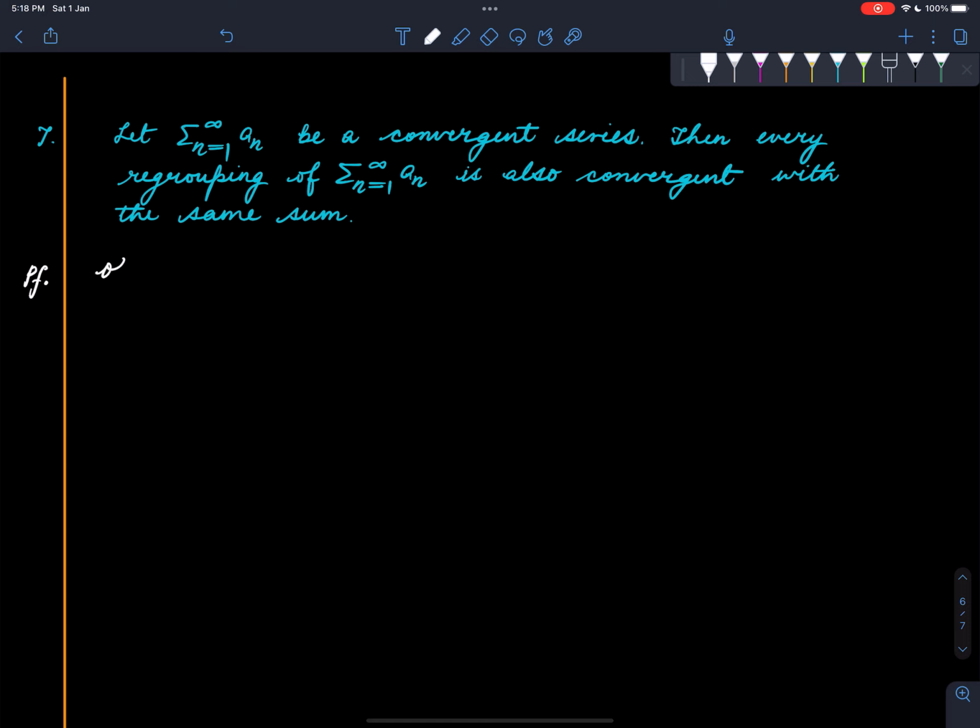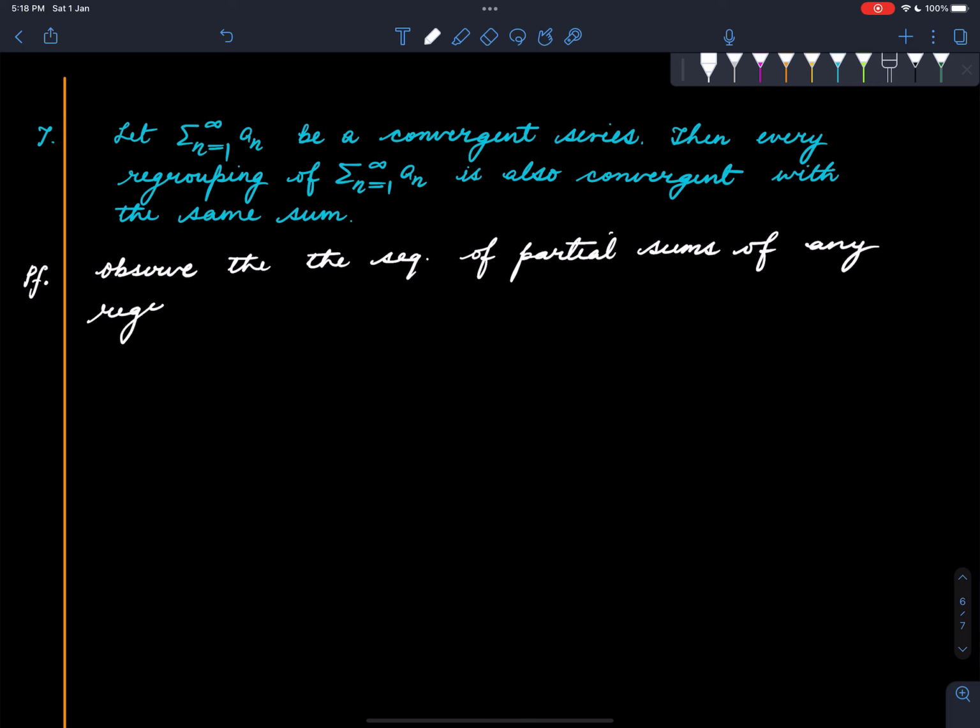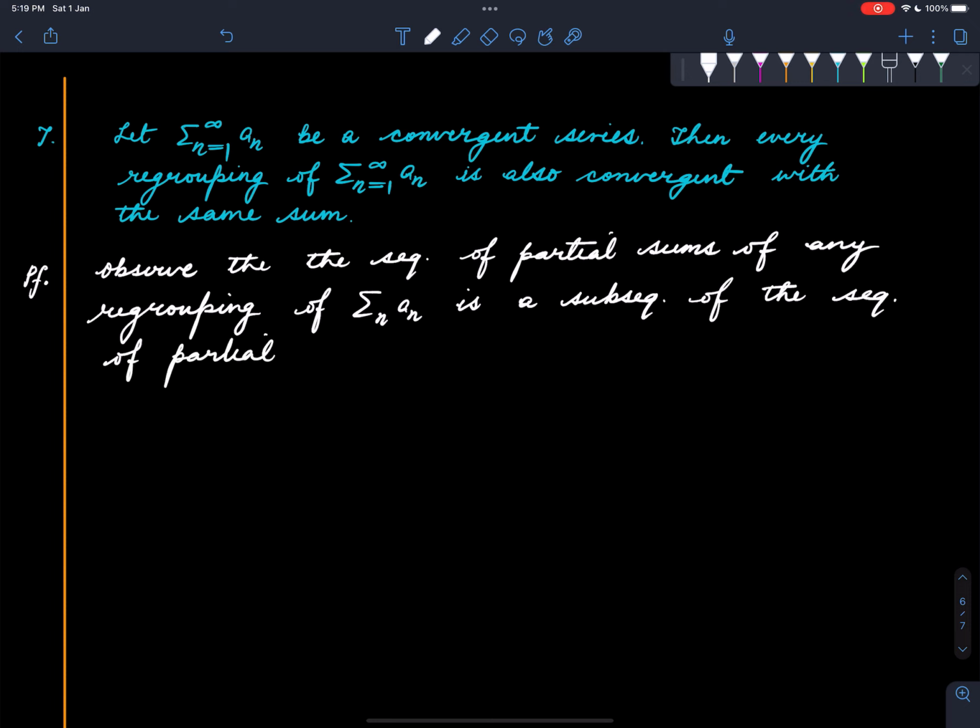Observe that the sequence of partial sums of any regrouping of the convergent series is a subsequence of the sequence of partial sums of the series itself.